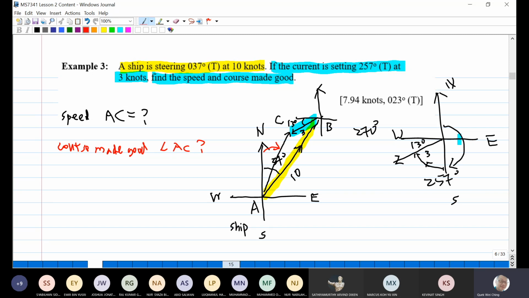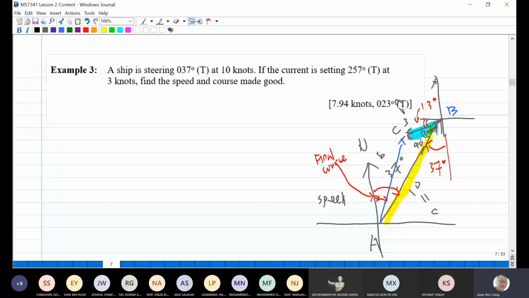And reproduce the triangle. Let me copy this page first. I'm going to move to the next page here.